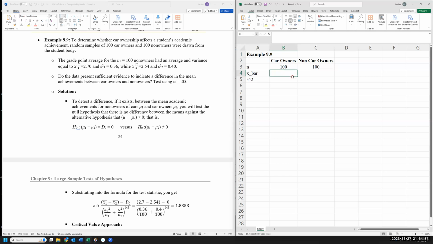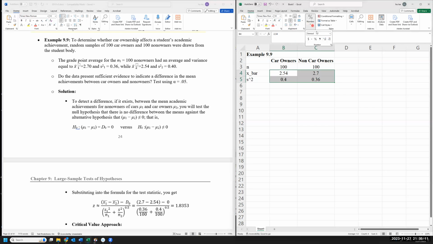And for non-car owners, it's 2.70. And the variance is 0.36. While for the car owners, it's 2.54 and 0.40.